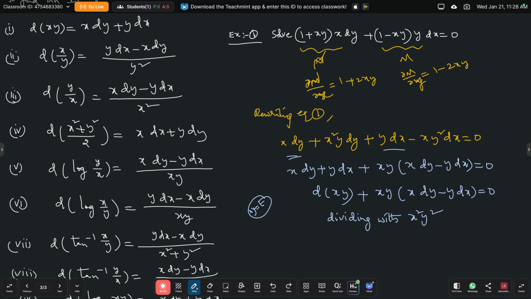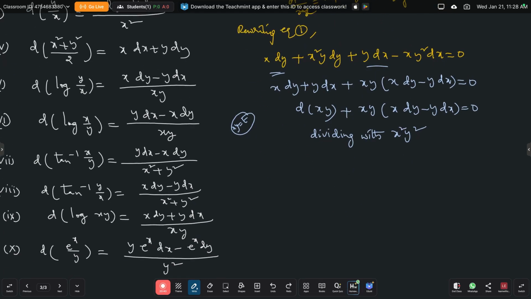So when we do this particular division, what we'll have now is d of xy by x square y square plus x dy minus y dx by x square y square is equal to 0. I've just divided the entire equation with x square y square. Here xy is cancelled because the coefficient xy is there, so only xy will remain.